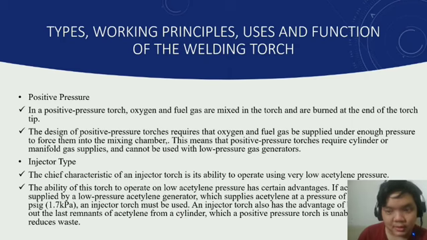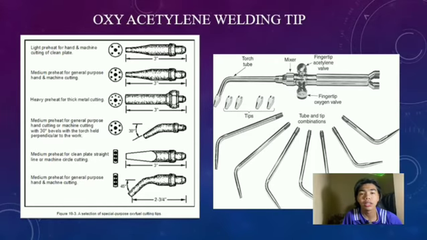This reduces the waste. For oxyacetylene welding tips, there are 6 types of tips. The first one is light preheat for hand and machine cutting of clean plate. The second one is medium preheat for general purpose hand and machine cutting. The third one is heavy preheat for thick metal cutting.